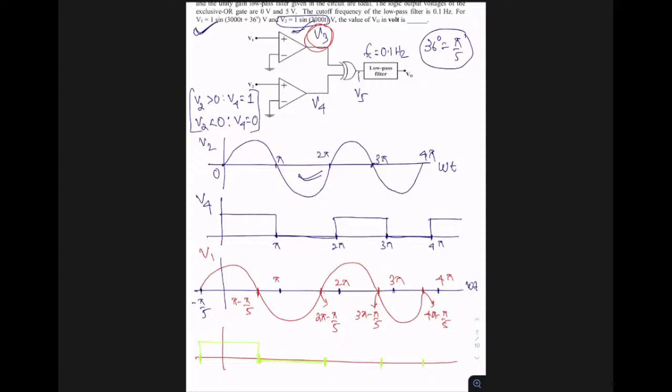And again, between these segments, this is 1. This is 0. Okay. Why? Because to get this V3, again, I have to compare V1 with 0. So when V1 is positive, in this particular interval, I'll be getting V3 is 1. Again, when V1 is negative, I'll be getting it is 0. So like that, I have plotted it.